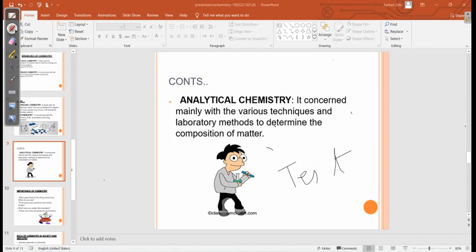It is concerned with techniques and laboratory methods to determine the composition of matter. If we want to study the matter, then we have to design the methodology and different kinds of tests, handle the instruments, and design all the measurements to do all these laboratory tests on that particular kind of matter. Then we have to be familiar with analytical chemistry.